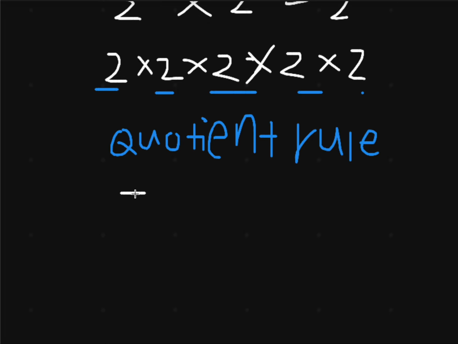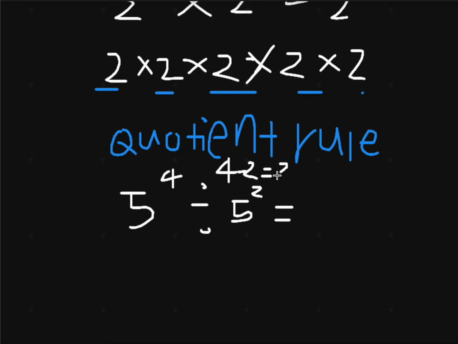So 5 to the power of 4 divided by 5 to the power of 2 would equal, like I said, you have to subtract from each other. 4 minus 2 is equal to 2. So it's 5 to the power of 2.